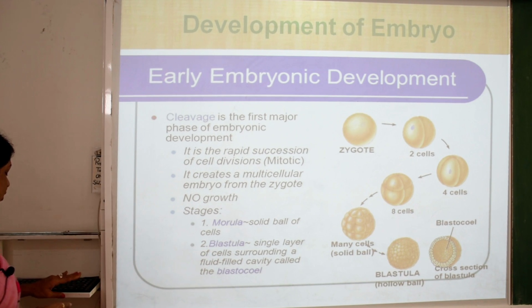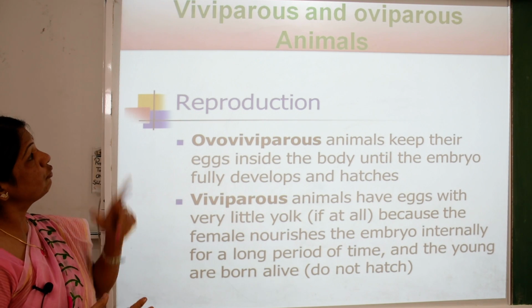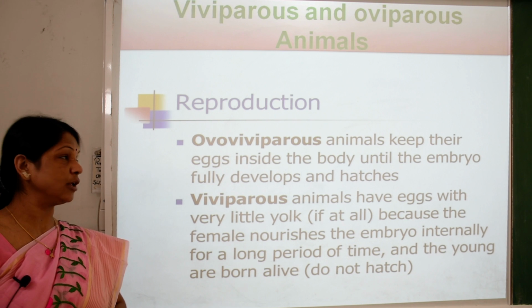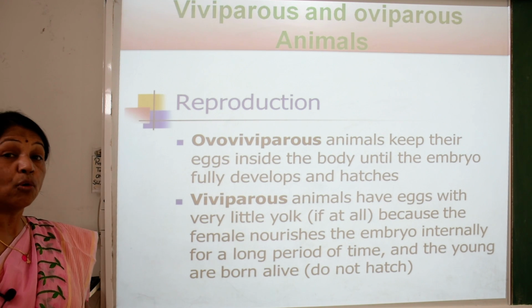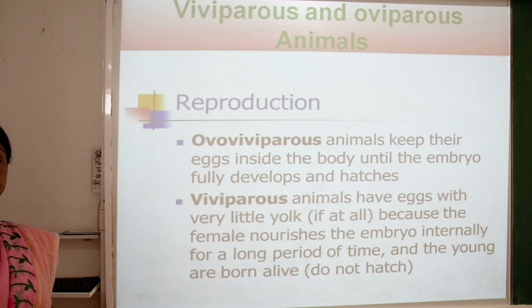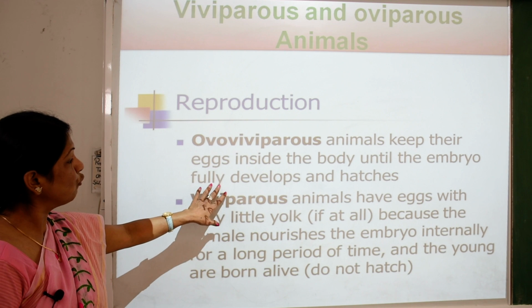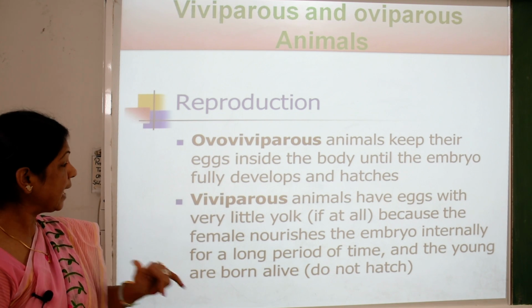Now further we see reproduction: viviparous and oviparous animal reproduction. Oviparous, what do we mean by oviparous? Oviparous animals keep their eggs inside the body until the embryo is fully developed and hatches.